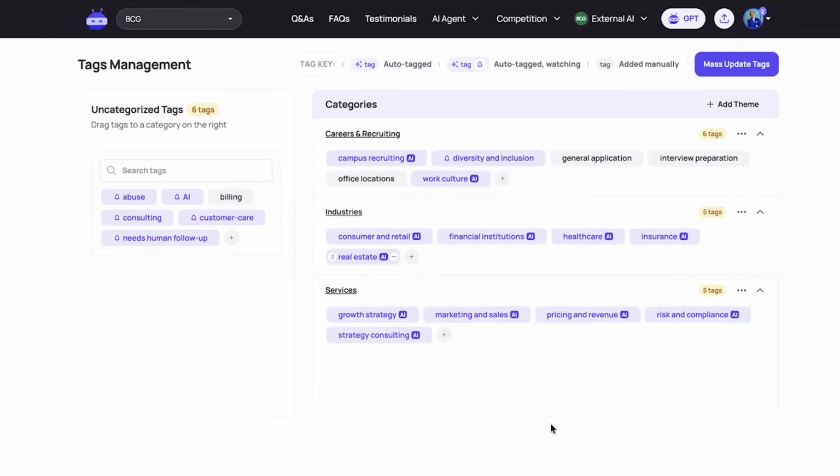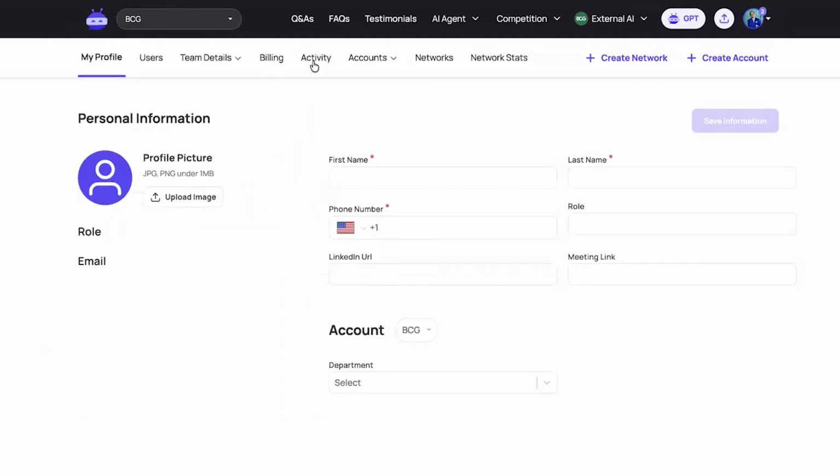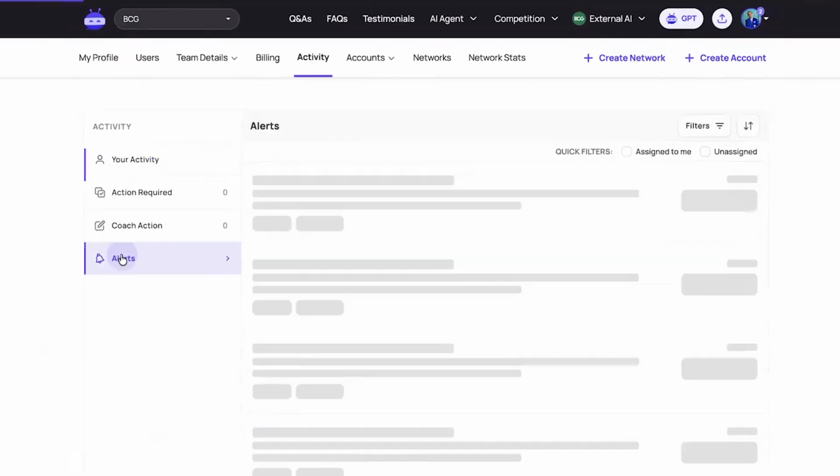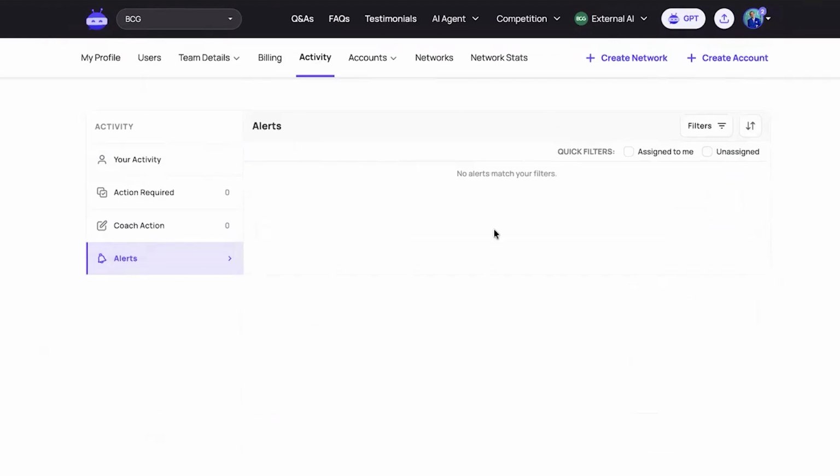When that happens, everyone in the account automatically gets a tag that is system generated. So you don't need to necessarily set up tags exactly like that. So this allows us to begin to understand in our activity what type of alerts are actually coming through.